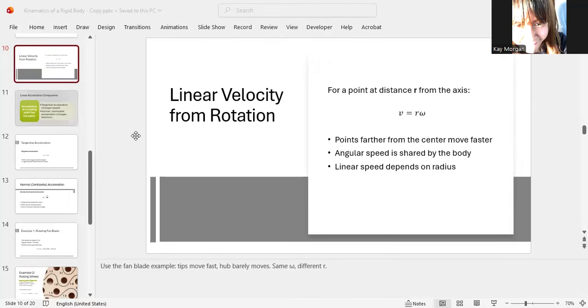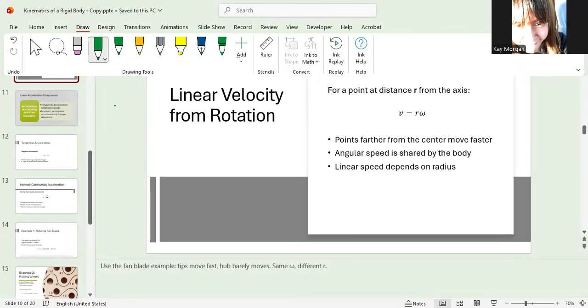Then we come to linear velocity from rotation, with a little more detail. Let's go into this slide. Now we connect the rotation back to the linear motion. For a point located at a distance, let's say R, from the axis of rotation, we can draw it like that.